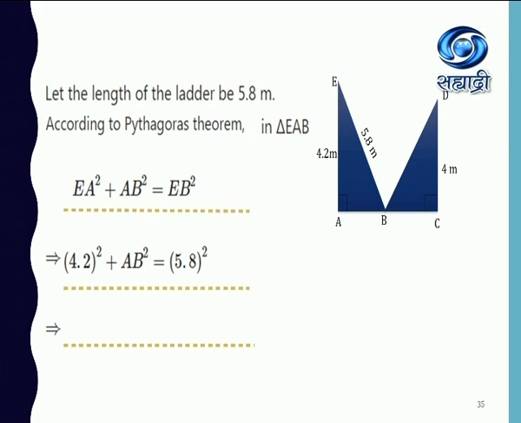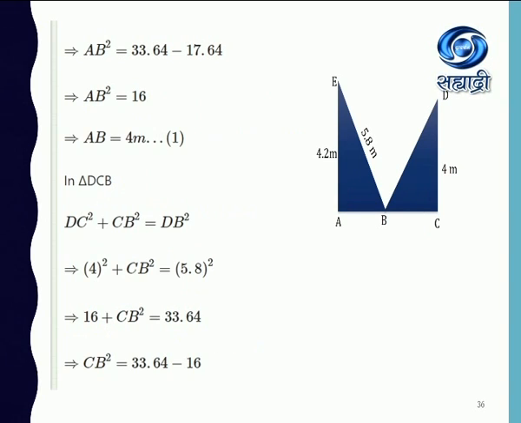When we solve it, 4.2 square plus AB square gives us 5.8 square, and after squaring, we get 17.64 plus AB square is equal to 33.64. Taking the numbers together on one side and subtracting, we get AB square as 16, which is the square of 4. So AB is 4 meters.